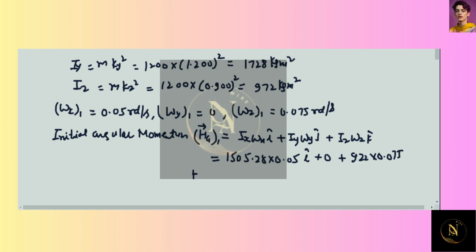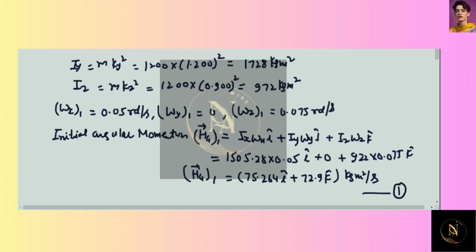So the initial angular momentum you will get is 75.264 i cap plus 72.9 k cap kg meter square per second.